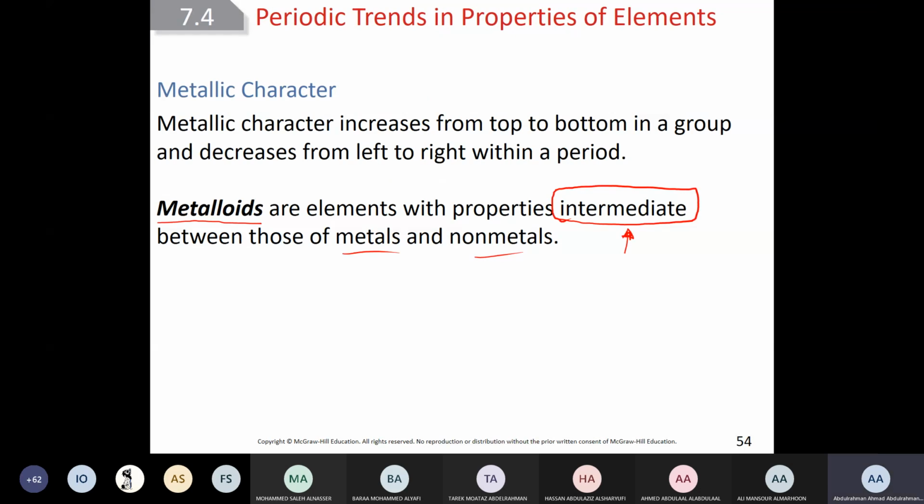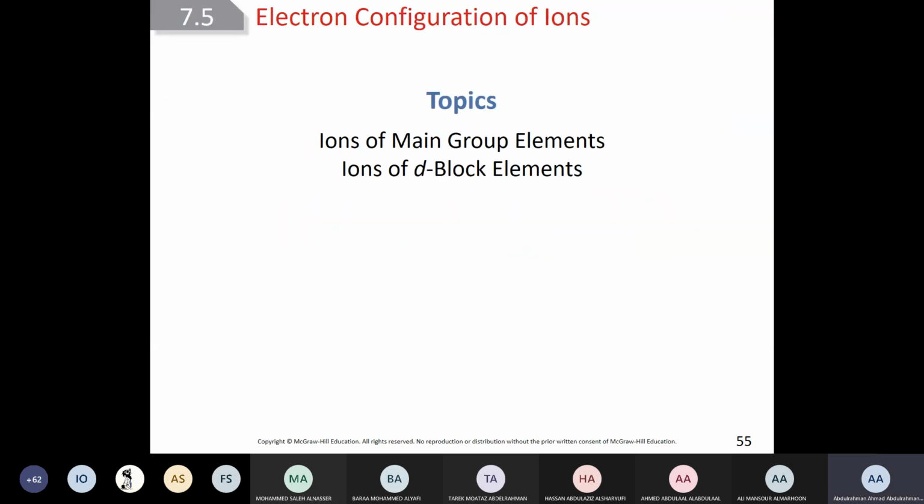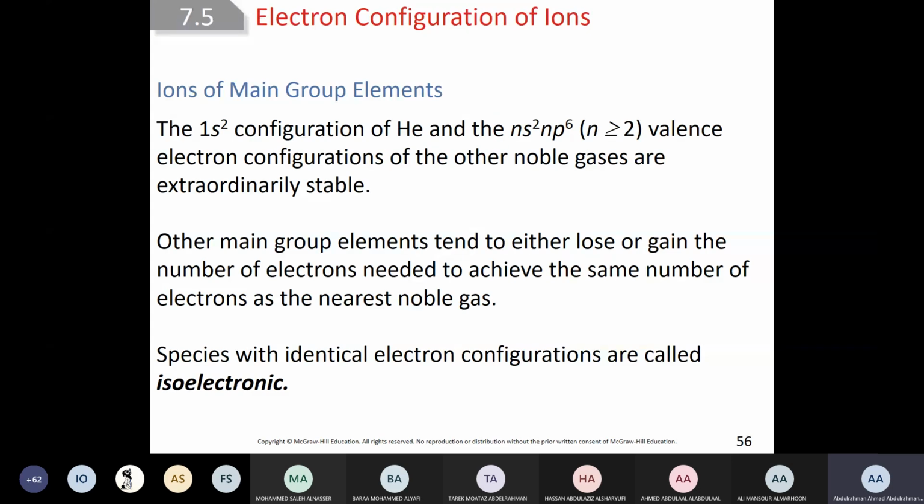All right. Now I want to define two things. First, isoelectronic. What's the meaning of iso? Iso means same.